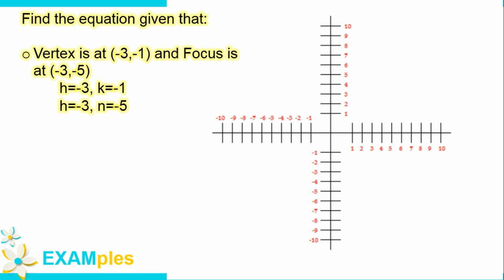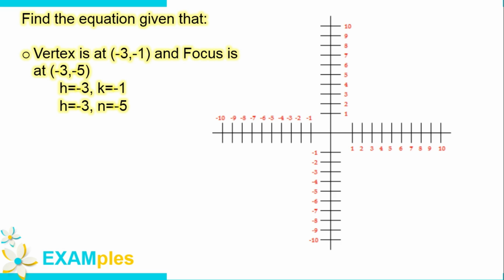So here, for example, find the equation given that the vertex is at point -3, -1, and the focus is at -3, -5. So h is -3 and k is -1. The focus is h equal to -3, and its y-coordinate is -5.